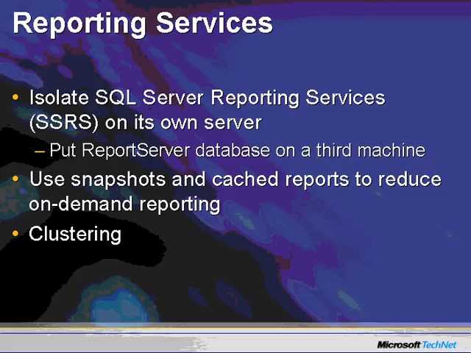Often we put Reporting Services on its own server, but leave the report server database on the same machine where the data warehouse database is. But again, if you are still running into performance problems on reporting, you should consider putting the report server database on a third machine, isolating its workload. And Reporting Services includes a lot of features for reducing the latency of reports, using snapshots and cached reports to reduce on-demand reporting.